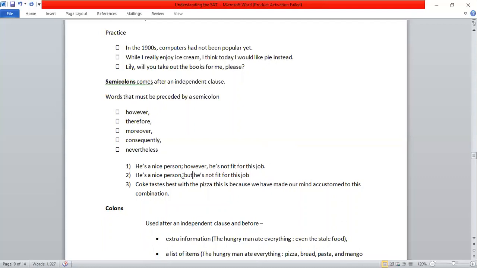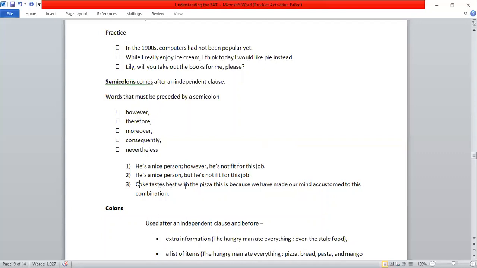So you see, when you say but he's not fit for this job, that's not a complete sentence. But when you say he's not fit for this job, it's a complete sentence. So with a complete sentence, we put a semicolon, and with an incomplete sentence, which means two different phrases or one phrase and one clause, you put a comma. Okay. Let's move to the next one.